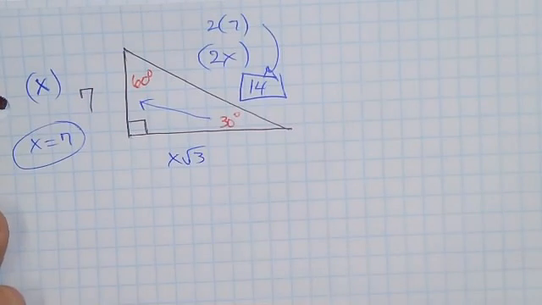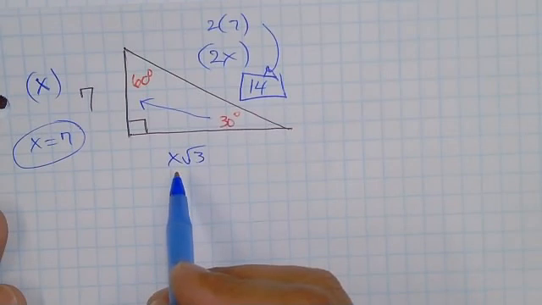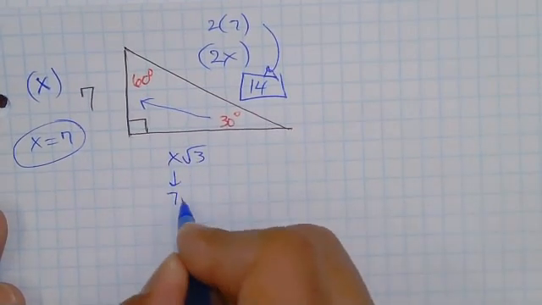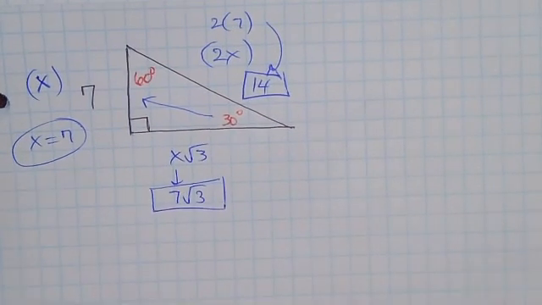It says it's 2 times x. Well, that'll be 2 times 7, so this side is 14. Well, that's easy. And then what's this one going to be? Well, it's x root 3, so just 7 root 3. That's what that measures.